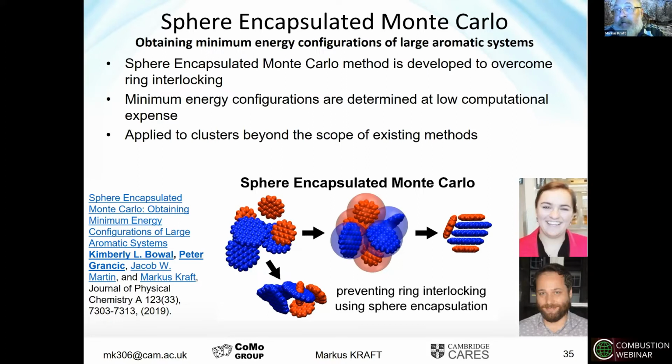So we used the Monte Carlo method, called sphere encapsulated molecular dynamics. You basically take a cluster apart, put spheres in, and then do Monte Carlo rearrangement, and then find the optimal energy configuration.